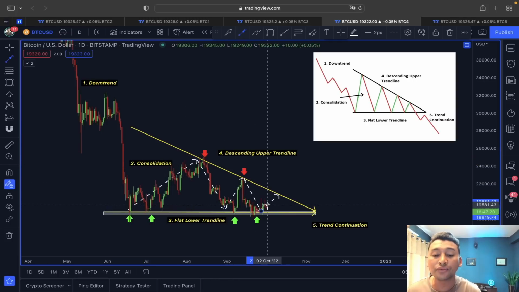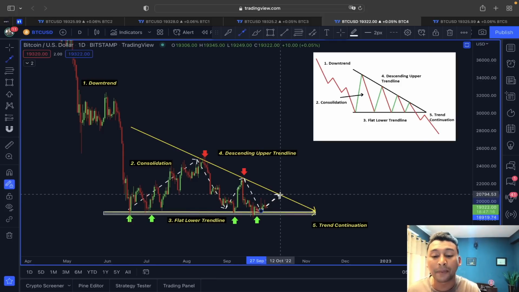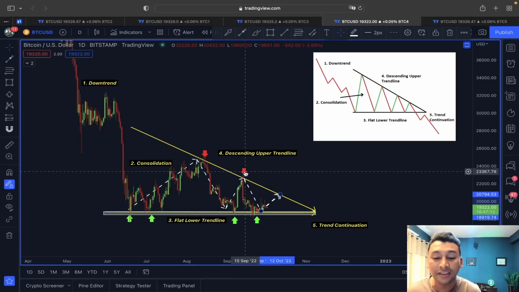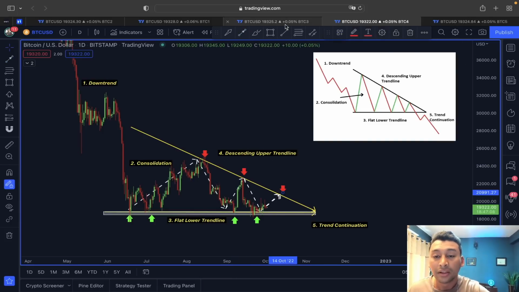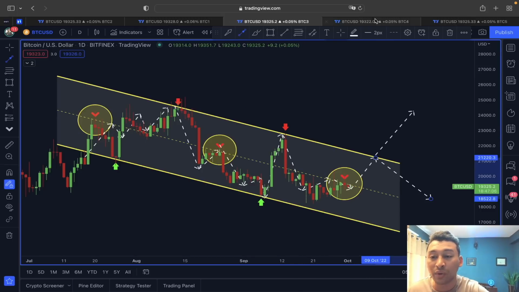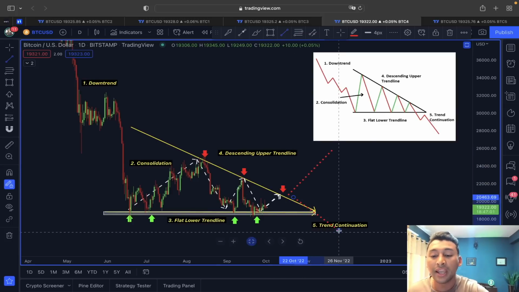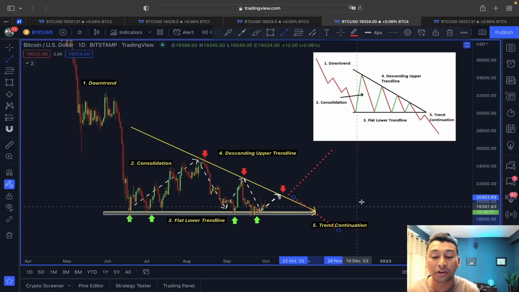So if we manage to flip this 19,000 range into support, then this trend is expected to show another impulsive movement towards the upper line area from this descending triangle, and also the upper line area from this falling channel towards the 21,000 range, before choosing a trend direction, either an impulsive movement or a corrective movement after reaching around this area.